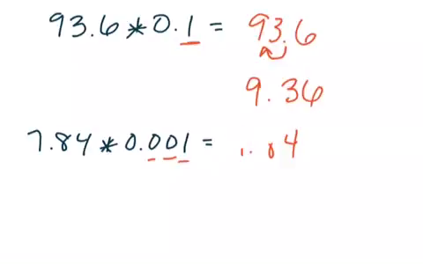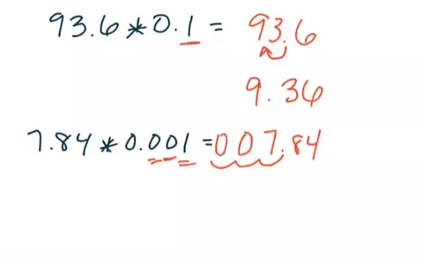Actually, I'm going to scoot that over just a little bit so I have a little bit more room, and I do expect to see some neat work on your paper. And we've got 1, 2, 3 digits, so we're going to go 1, 2, 3. And again, we have to fill in those zeros there, so we want to make sure our decimal point gets in the right place. So 7.84 times 1,000th would be 0.00784.